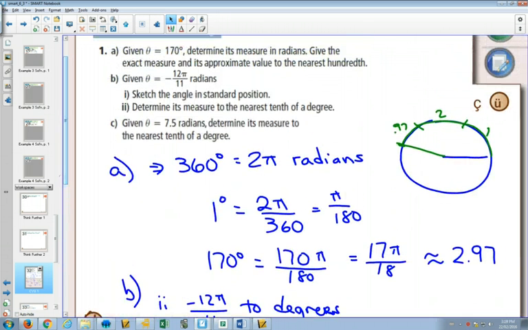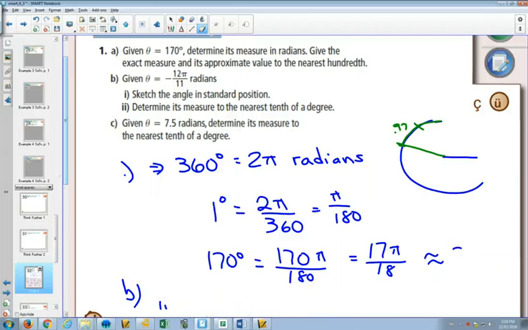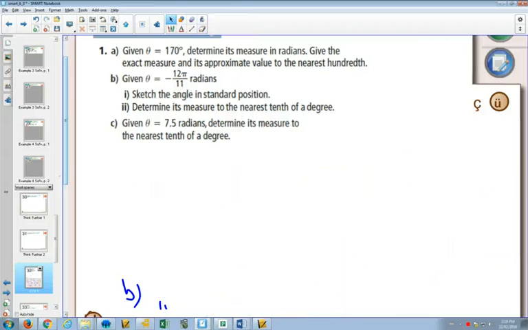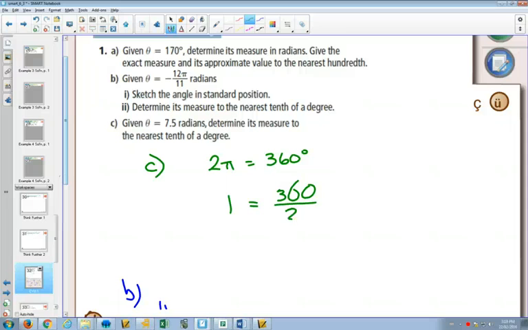I'm going to erase some of this stuff that we had before. Now we've got an angle in radians that doesn't have a pi in it, given that theta is 7.5 radians. Let's figure that out to the nearest tenth of a degree. Well, again, we can start out that 2 pi radians is equal to 360 degrees. So if we start with that, we can find out that 1 radian is 360 divided by 2 pi, or 180 over pi. What would I have to do to find 7.5?